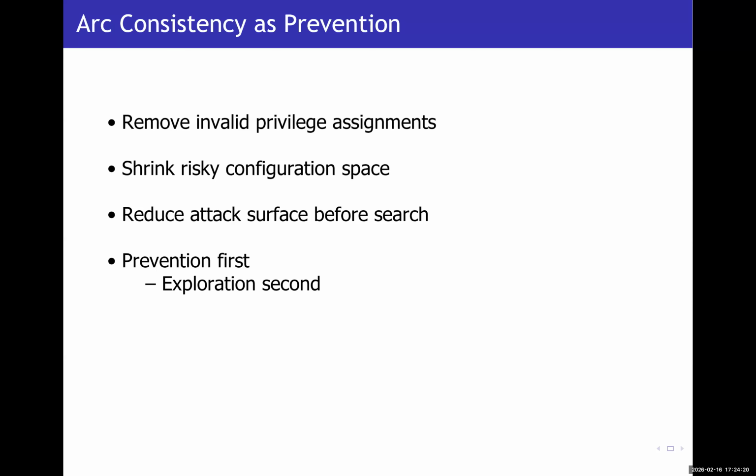The configuration space becomes smaller and safer before we begin deeper reasoning. So this reduces the attack surface created by bad options that should never have existed. And so the order matters. Prevention comes first and exploration comes second. So strong defensive systems rely on pruning before searching.